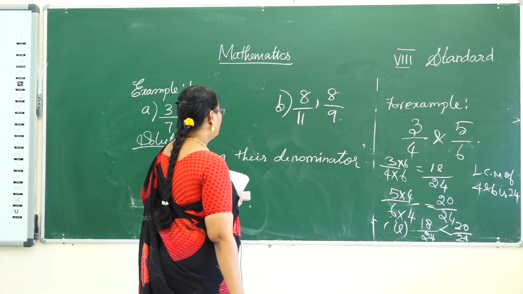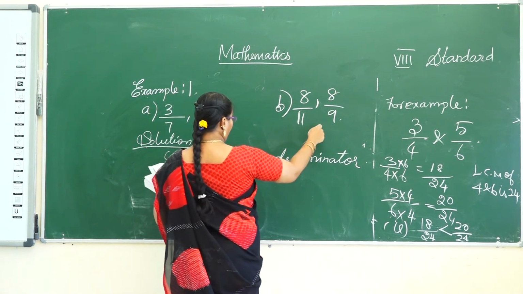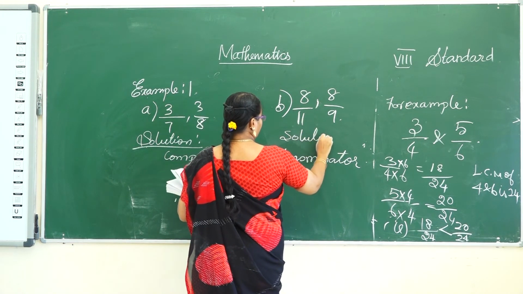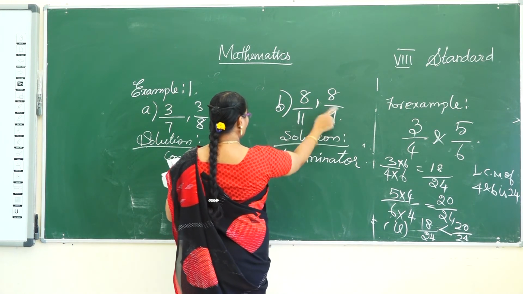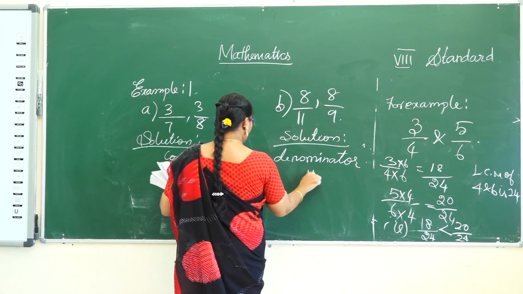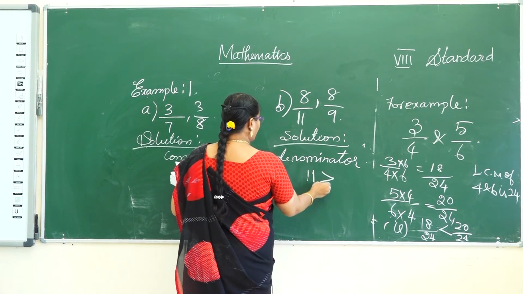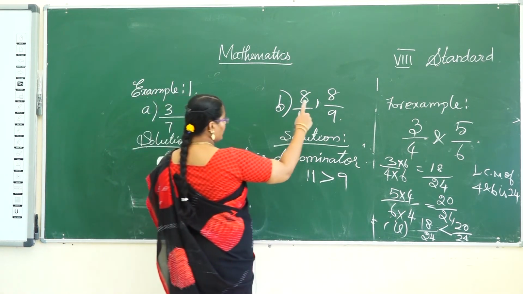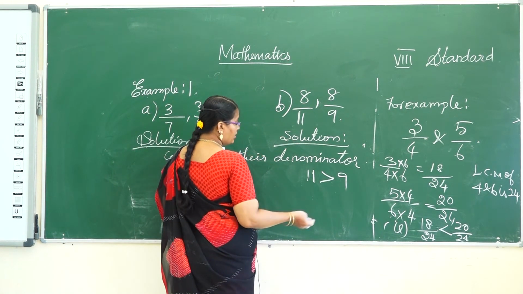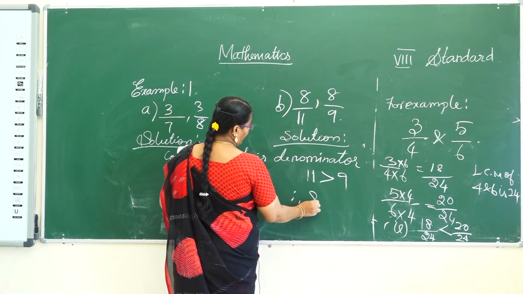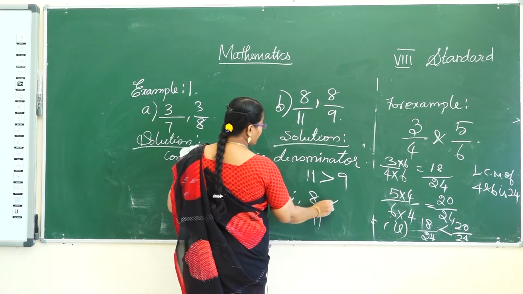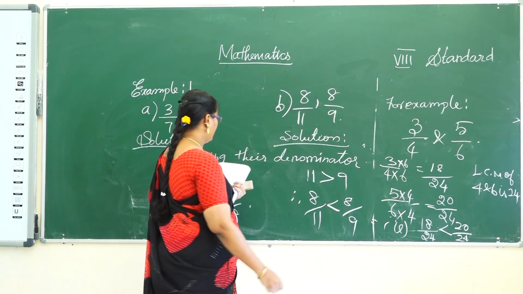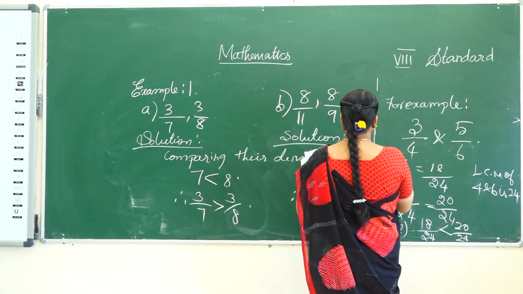Comparing the denominators, 11 is greater than 9. So which one is the greatest value? Therefore, 8 by 11 is less than 8 by 9. Okay, and next is the C problem.